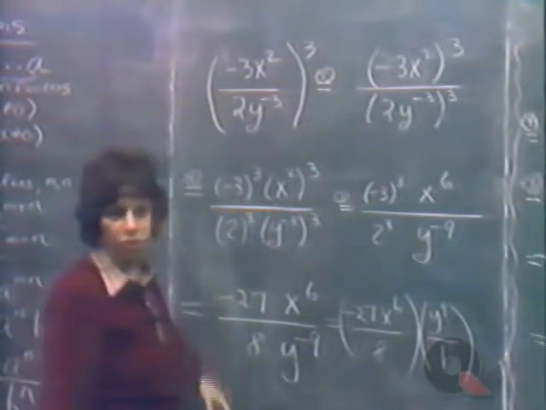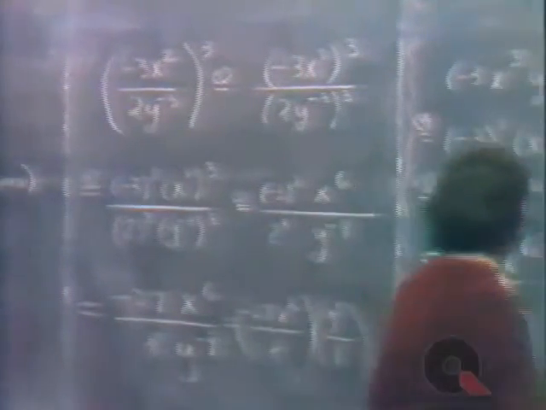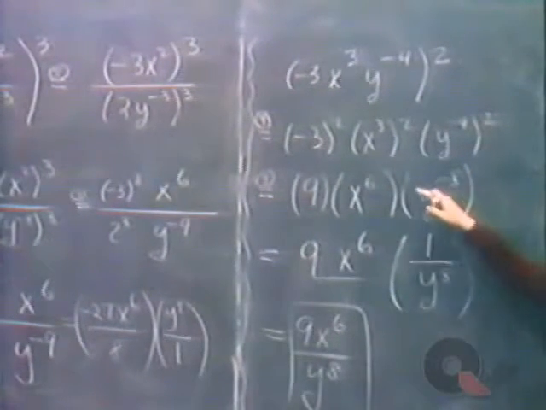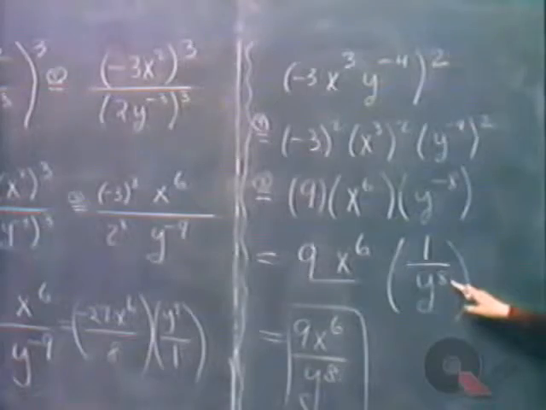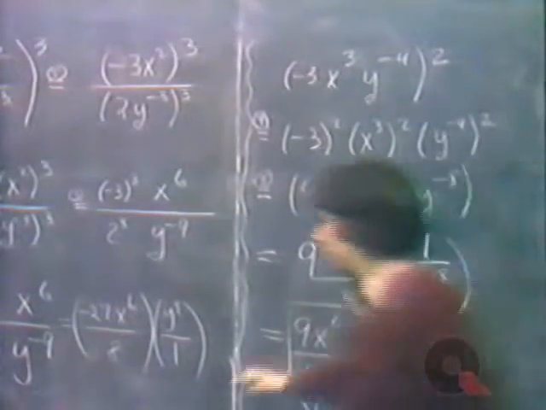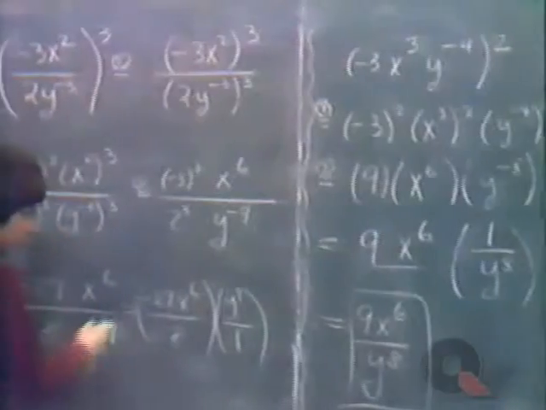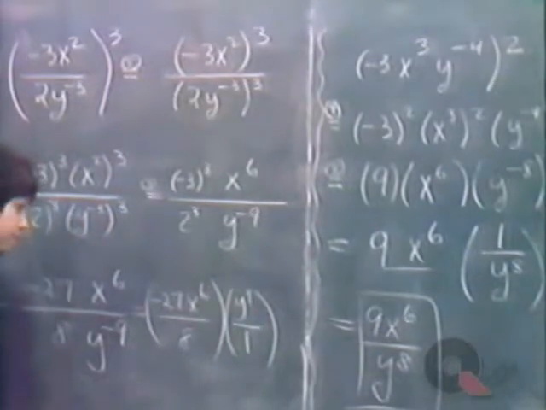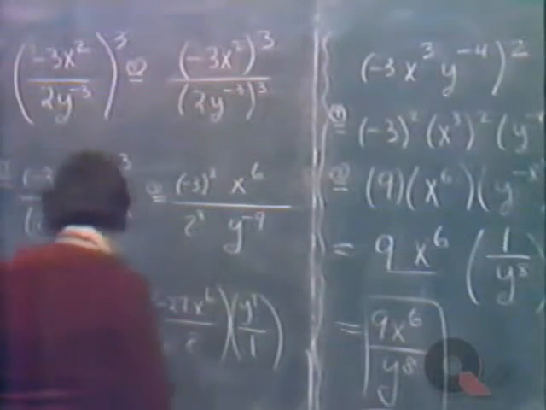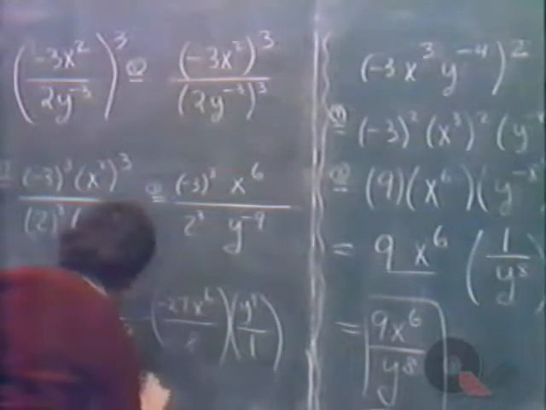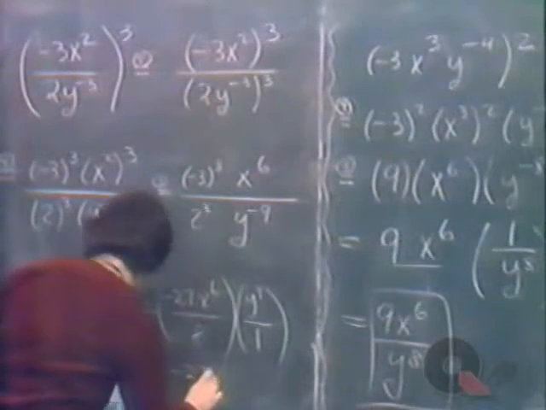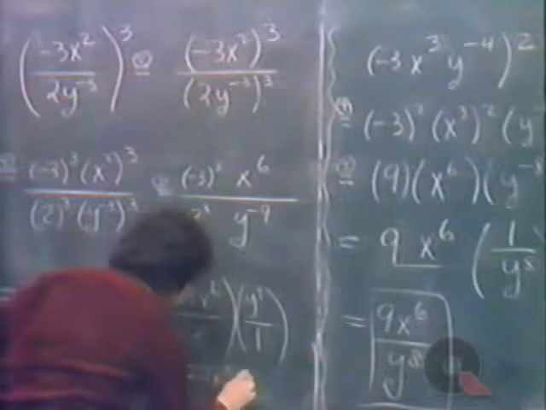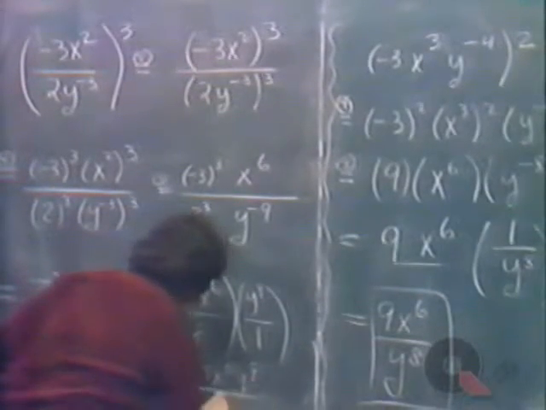You've seen it in reverse in the earlier example: a negative power upstairs becoming a positive power downstairs. And now we have a negative power downstairs moving upstairs and becoming a positive power. This gives us a final answer of -27x^6 y^9 over 8.